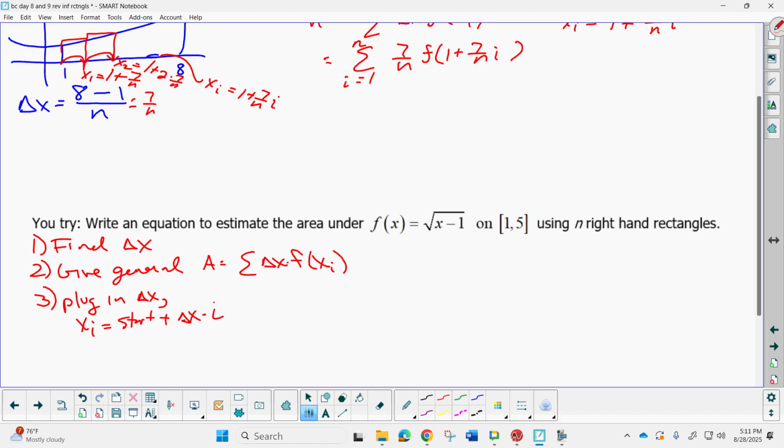You always find delta x first. In this case, it's the region width, which comes from 5 minus 1, divided into any number of chunks. So delta x is 4 over n, the base of each rectangle.